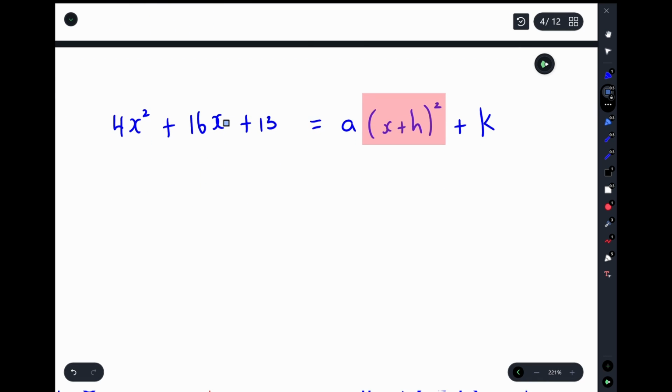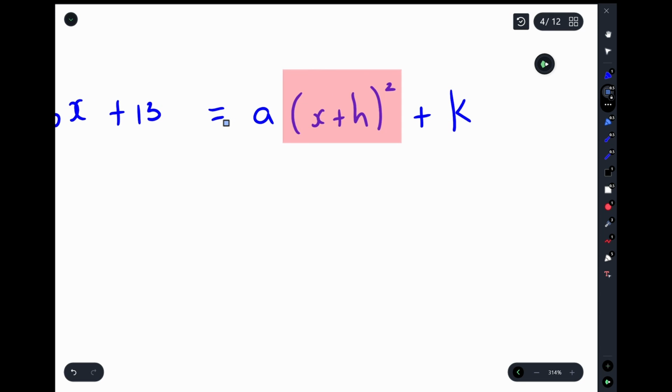So let's look at this example. 4x squared plus 16x plus 13. The quadratic doesn't matter. We're going to focus on the right hand side, a times x plus h squared plus k. This is the format that we want to express the quadratic in. The first thing I'm going to focus on is x plus h to be squared.